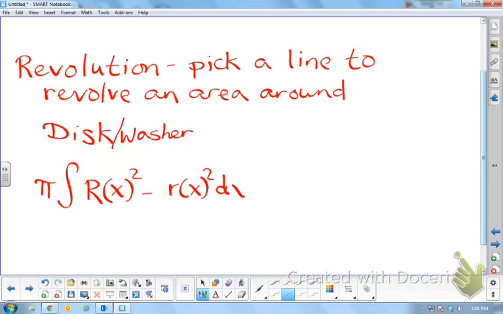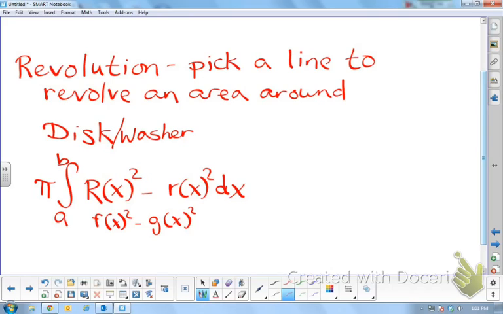Or I think sometimes we wrote it f of x squared minus g of x squared. It depends on notation. The only thing with f of x and g of x, you have to know f of x is the bigger function. From a to b, your bounds depend on your shape.